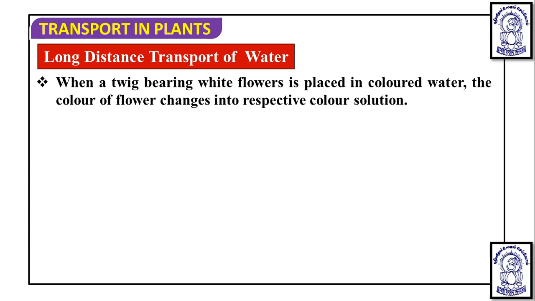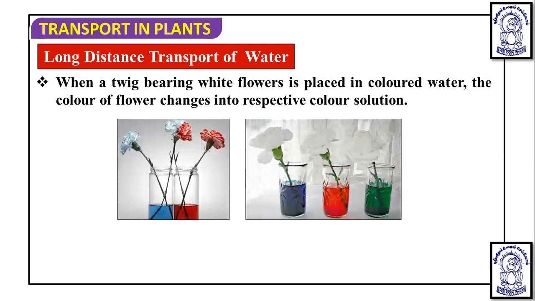If we keep it in a pink solution, the white flower will be converted into pink. You can see here, in a blue solution the flower is converted into blue, and in red solution it is converted into red.